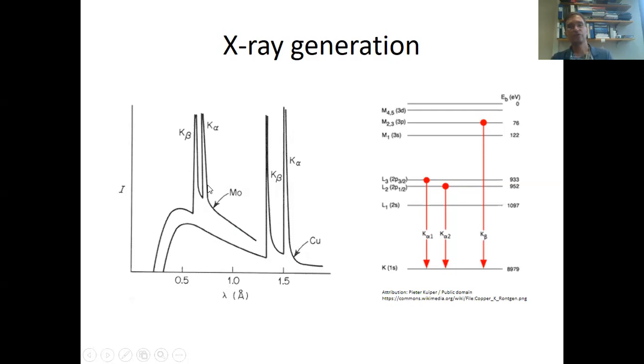You see that the same phenomenon also occurs for the molybdenum radiation. We also know K alpha and K beta molybdenum radiation, and K beta is shorter than K alpha again. The molybdenum radiation overall has a lower wavelength than the copper radiation, and we can explain this by the fact that molybdenum has more protons.